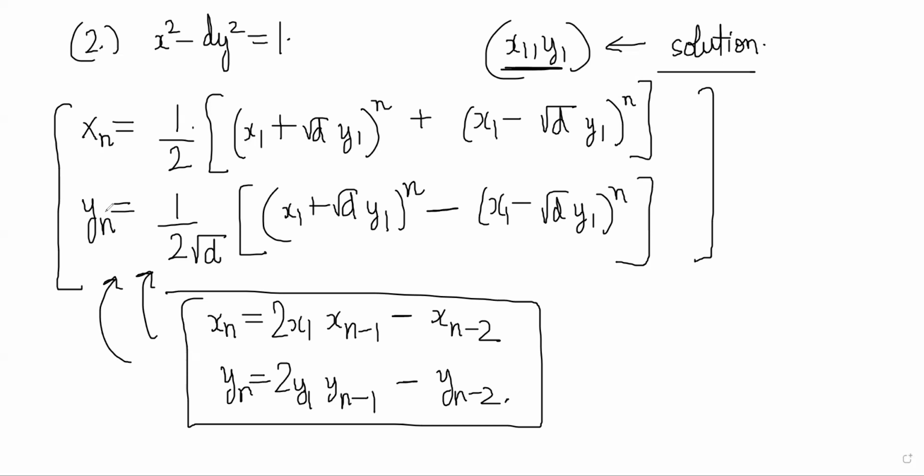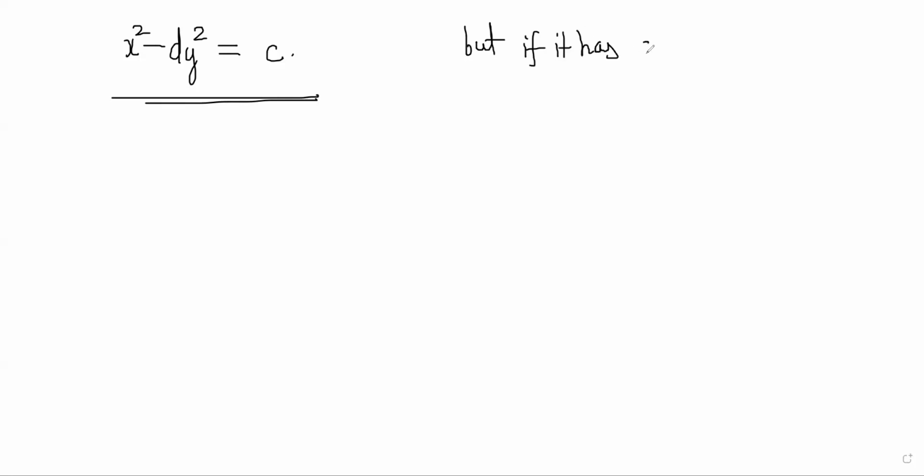Also, the original equation, the first equation, does not always have a solution. So what was the first equation? x square minus d y square is equal to c. This equation may not always have a solution, but if it has a solution, there are infinite of them.